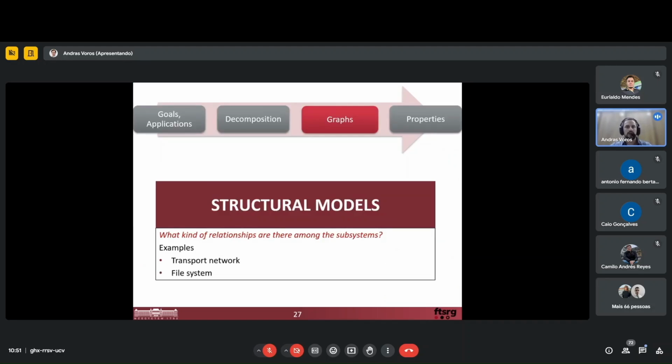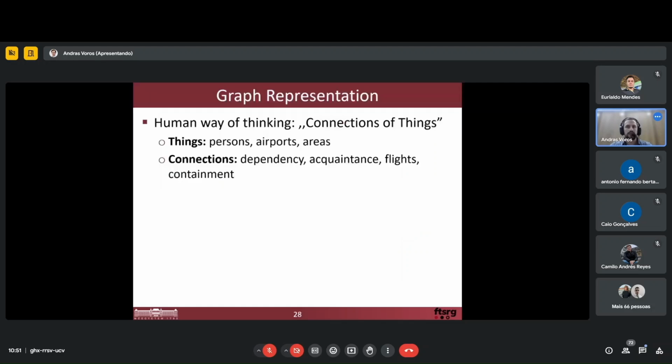Okay, so we are also interested in how to represent these structural models. So we want to answer what kind of relationships there are among the subsystems. We will use graphs, and I hope that most of you have heard about or used graphs.